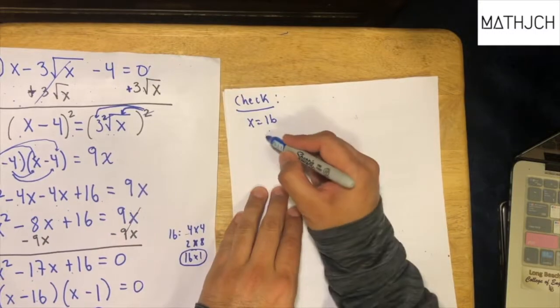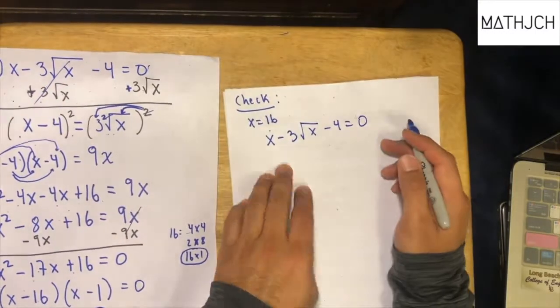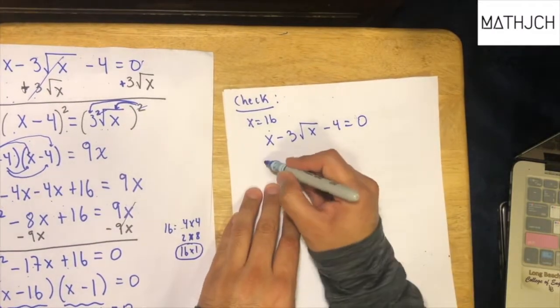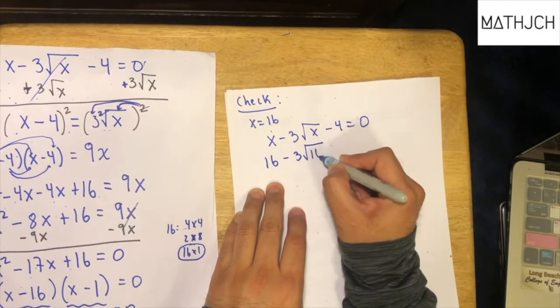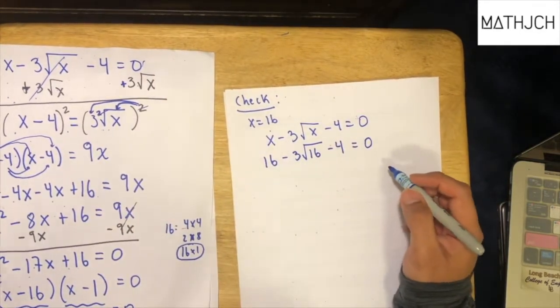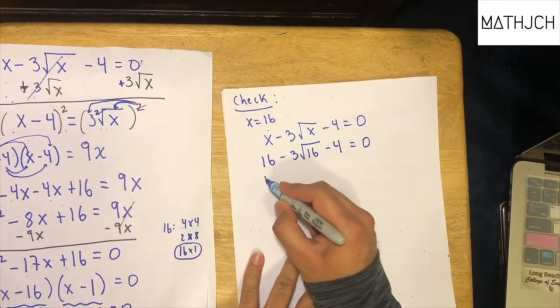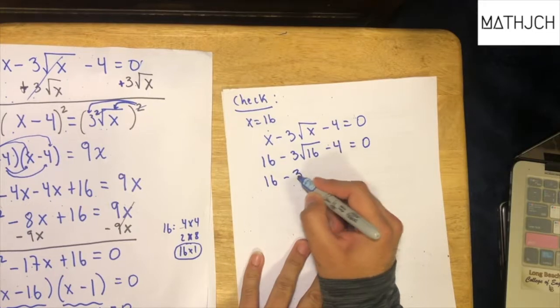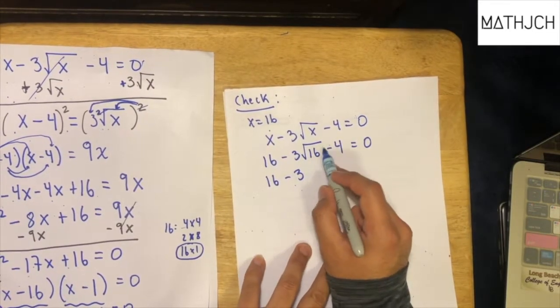So let me copy that equation. Okay, so let's plug in 16, right? Let's do the operation of the square root of 16 first. So we have 16 minus 3. Remember that this 3 is going to multiply whatever the square root of 16 is.